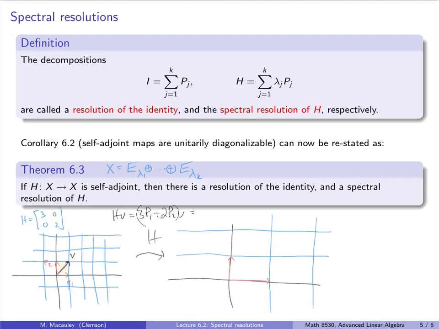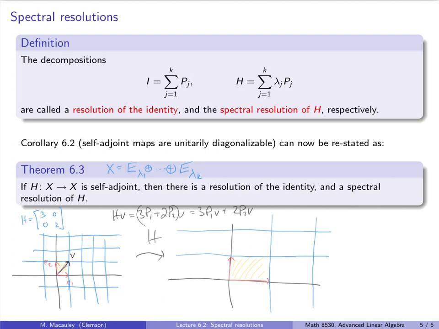In other words, we project it onto the first coordinate and then scale that by 3, and then project it onto the second coordinate and scale that by 2. So we project it onto here, stretch it out by 3, project it onto here, stretch it out by 2. So really, at the end of the day, these squares of side length 1 turn into rectangles of base 3 and height 2.